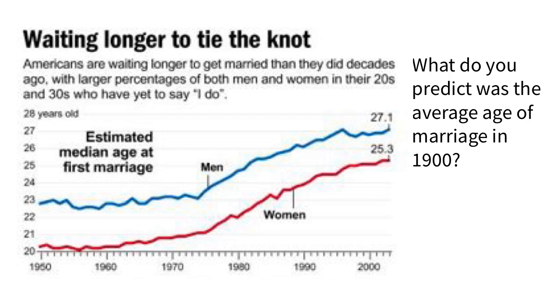So this question asks, what do you predict was the average age of marriage in 1900? Well, we can see on the x-axis of this graph that we only have data that goes till 1950. So it's asking us to predict or to explain what this data might have looked like 50 years in the past.